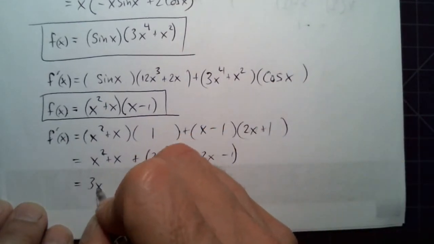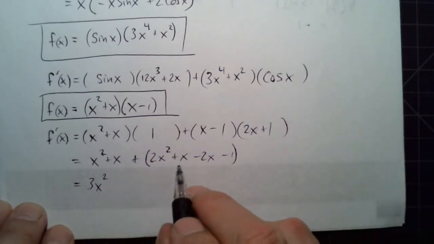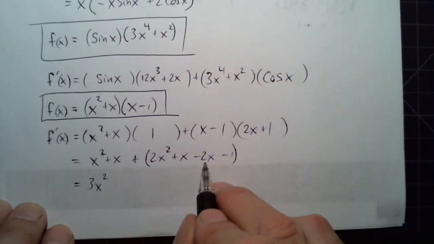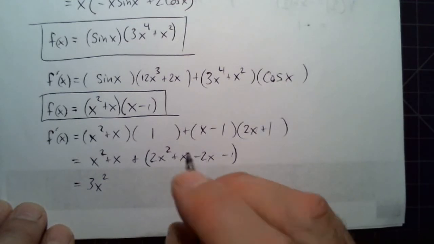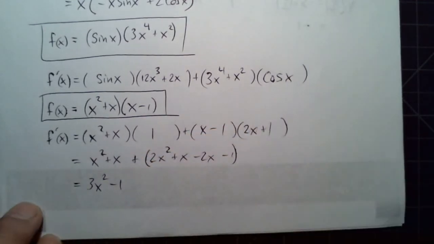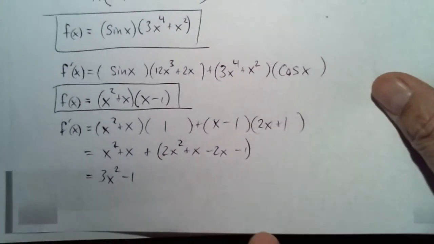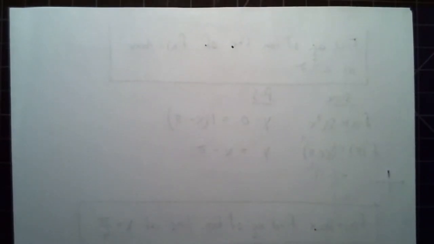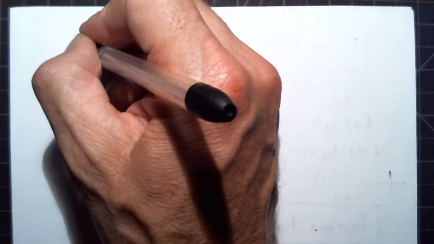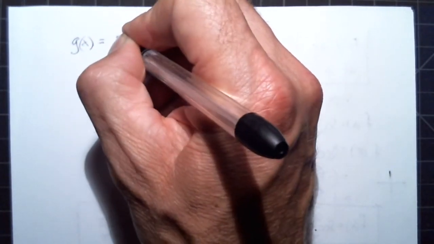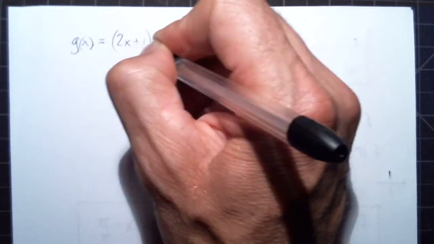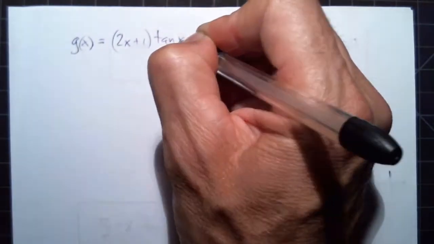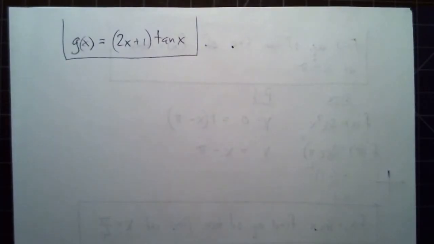So we get 3x squared. x plus x minus 2x is 0, and then we'll just have minus 1. Alright, pause the video and try that one.